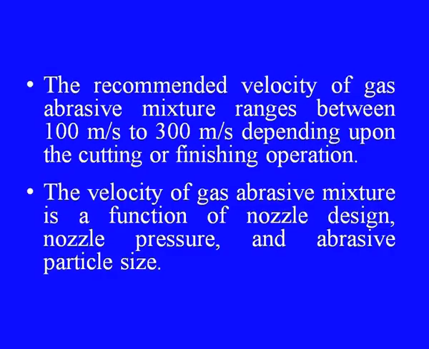The gas used in the abrasive jet machining process must be non-toxic. It should be very cheap and easily available, and therefore the common types of gas used in abrasive jet machining are air, nitrogen, and so on. The recommended velocity of the gas abrasive mixture ranges between 100 meters per second to 300 meters per second, depending upon the cutting or finishing operations.